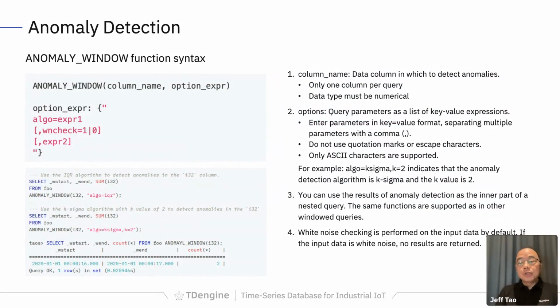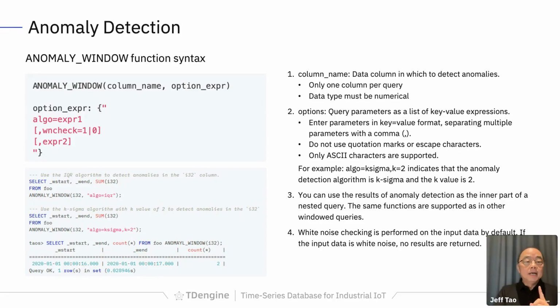And for anomaly detection, it's very easy too. We provide another SQL function, anomaly window, just like many other windows. There are two parameters. The first one is the column name, the column you want to detect anomalies in, and the other one is the options.